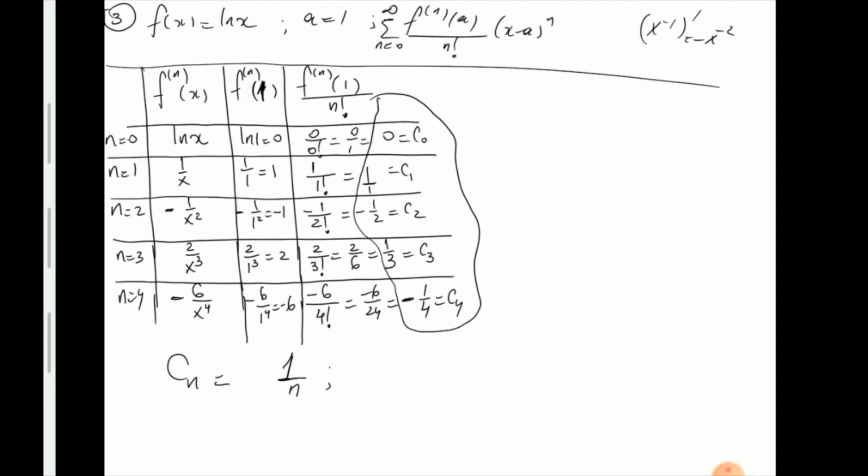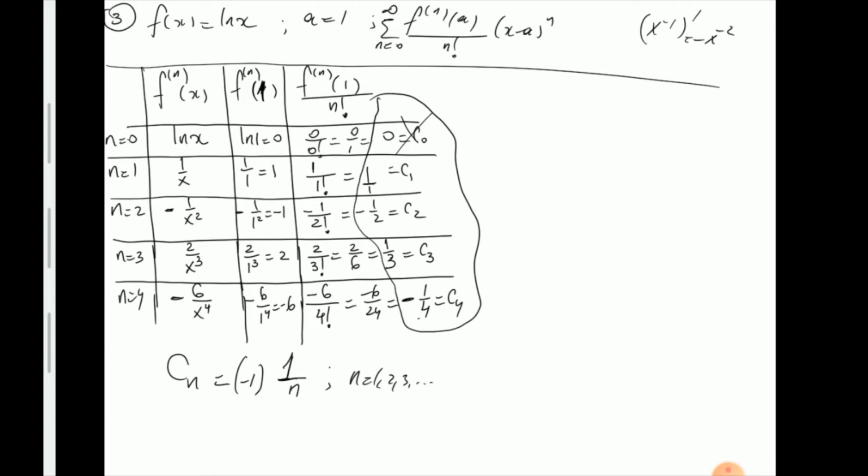And by the way, the first one is 0, so we don't have to count this one. I mean, we can start the summation from 1 to infinity, because the first one is 0. And then, just like before, we have the first guy with plus, and the second one with minus, the third one with plus, the fourth one with minus. So pause the video for a moment and ask yourself, is it minus 1 to the n, or maybe minus 1 to the n minus 1?